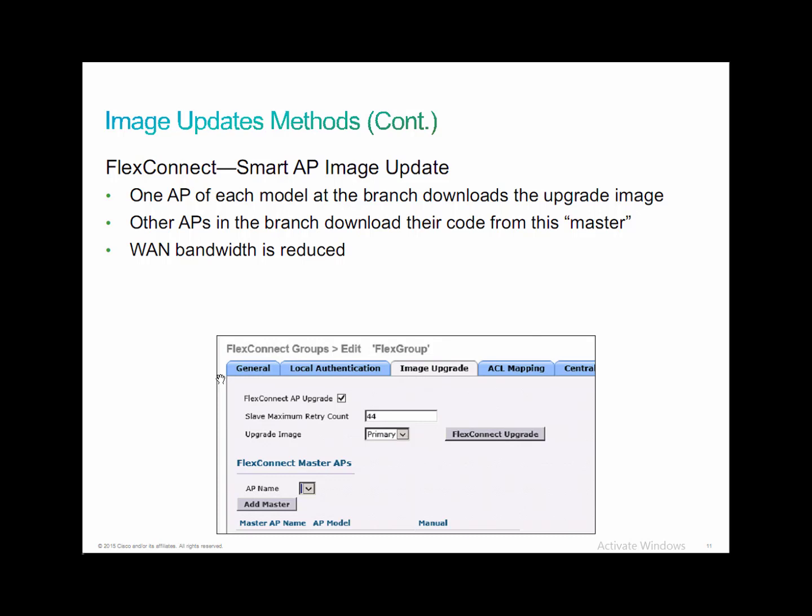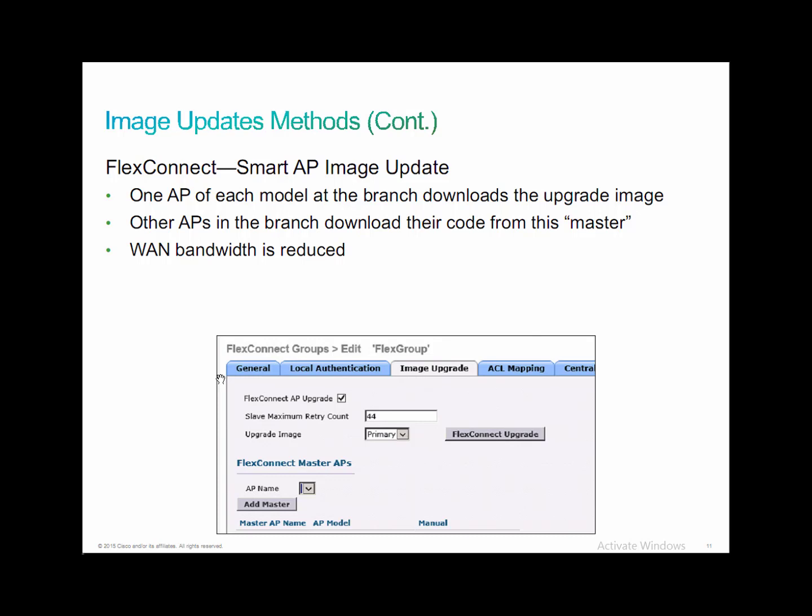To set this up, you go into the FlexConnect group and there's a checkbox to enable the FlexConnect AP upgrade option. You can see that there, FlexConnect AP upgrade. You set the slave maximum retry count if you want to change it.